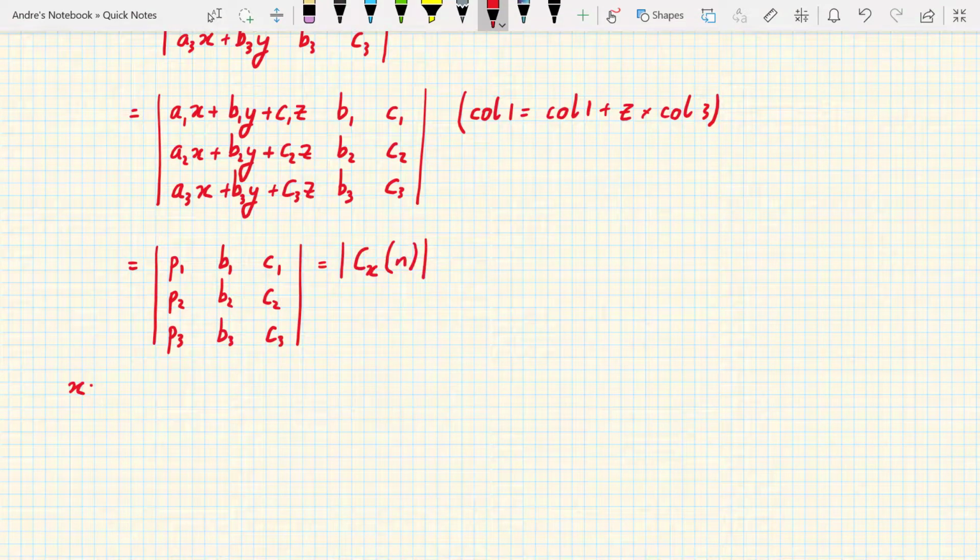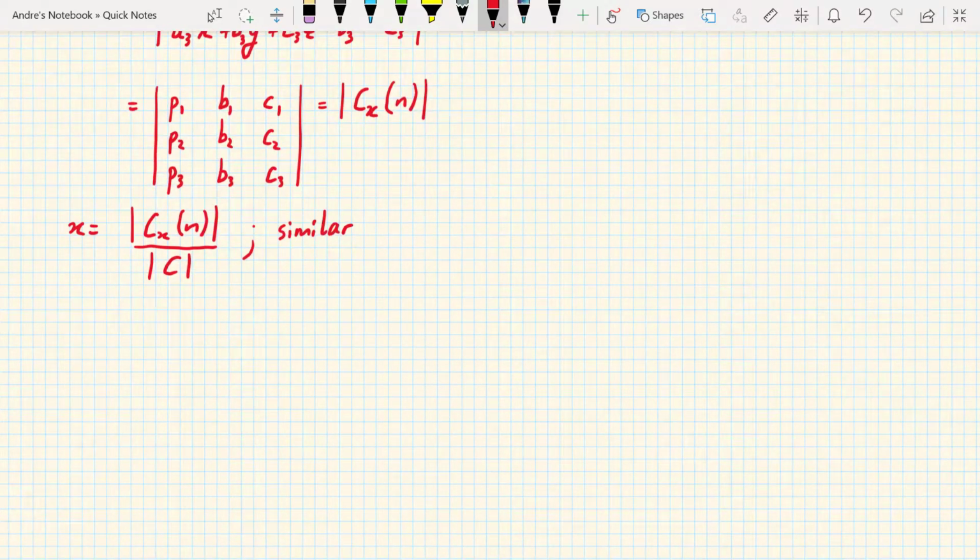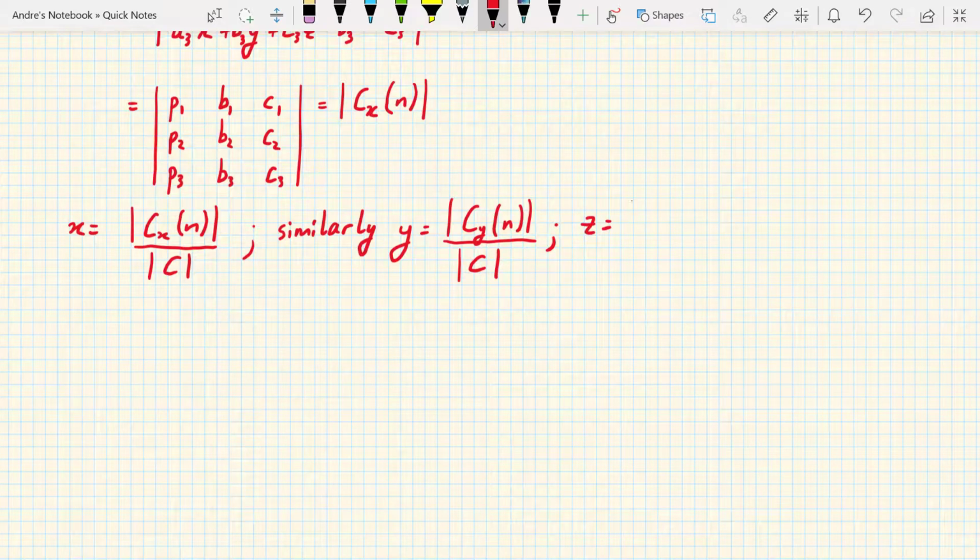In other words, the expression is just the determinant of cxn. Dividing through by the determinant of c gives the result, and the results for y and z are similar.